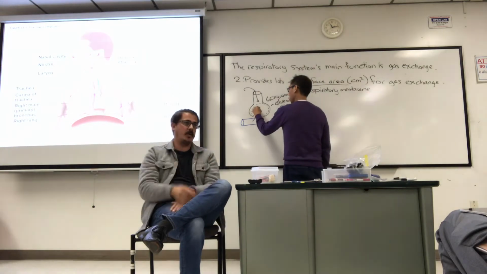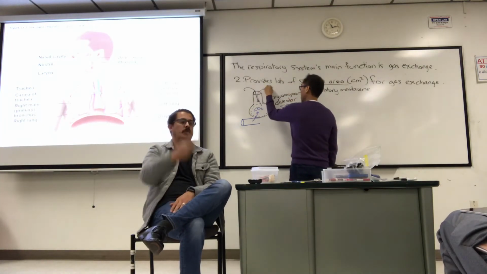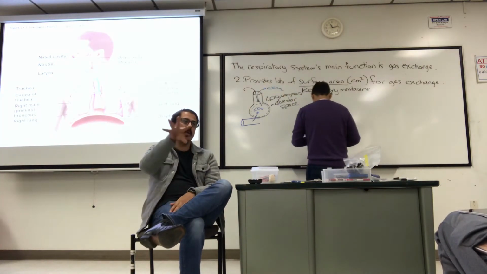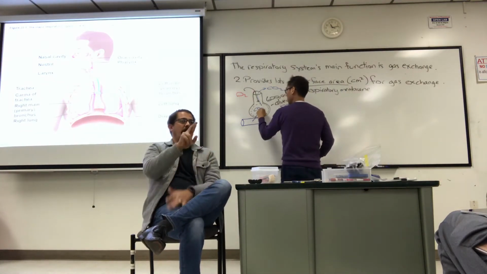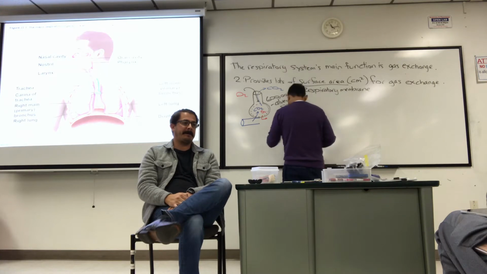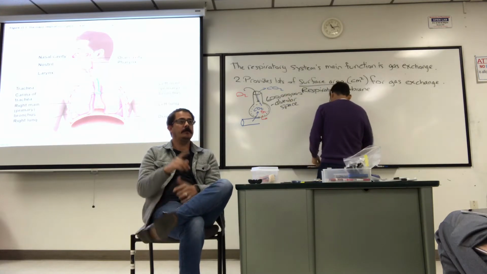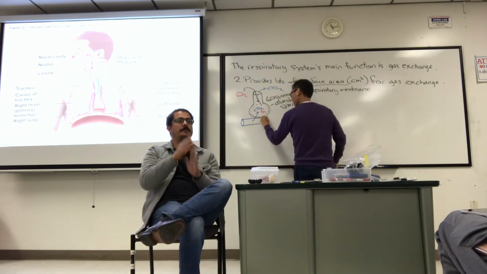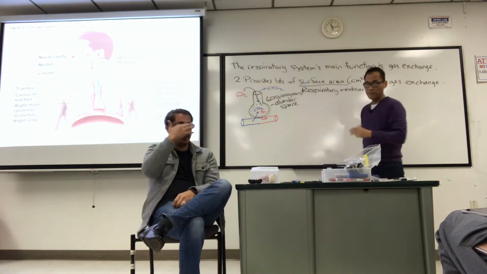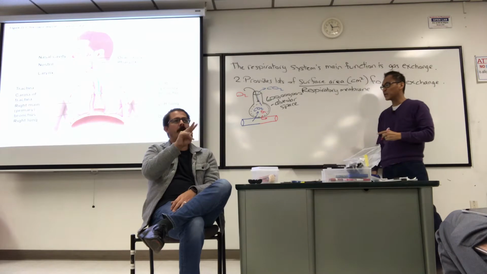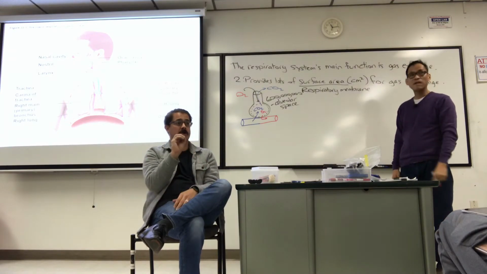Dump CO2, which can be breathed off, and pick up O2 from the fresh air. So that blood leaves oxygen rich. It's the job of the pulmonary veins to collect the oxygenated blood and bring it back to the left heart.